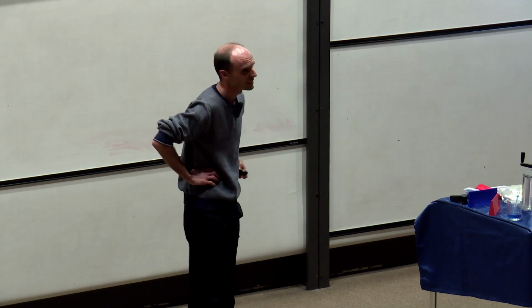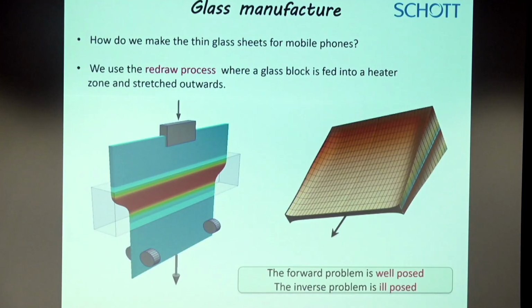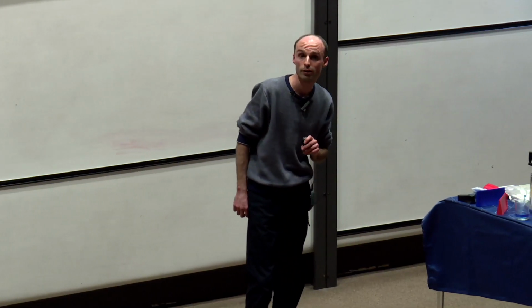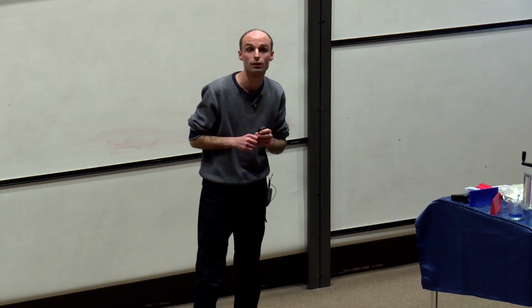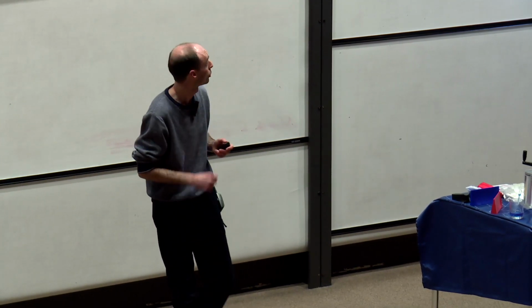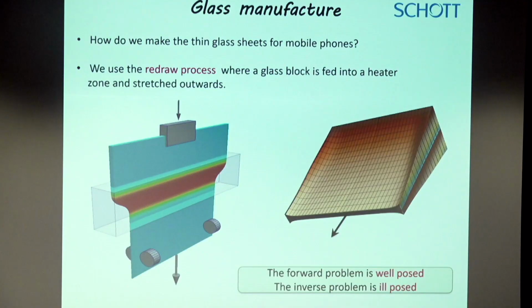So, this is a similar kind of question. We want to know, how do we make glass that is completely flat at the end, no fat edges? And these fat edges are bad for two reasons. One is that if you have a mobile phone and it's got fat edges on it, it'll distort your picture. Two is if you have these fat edges, it won't flex, it'll fracture.